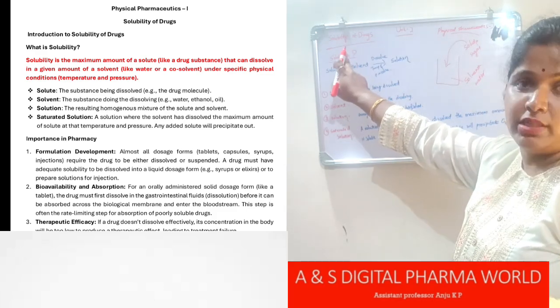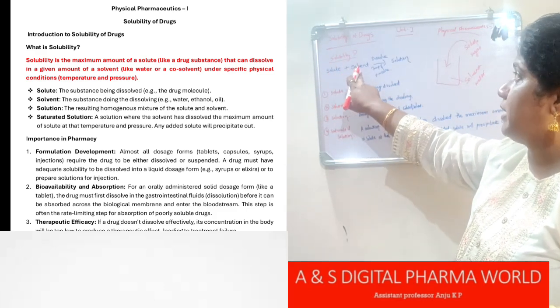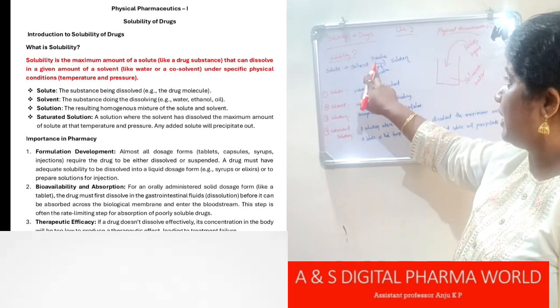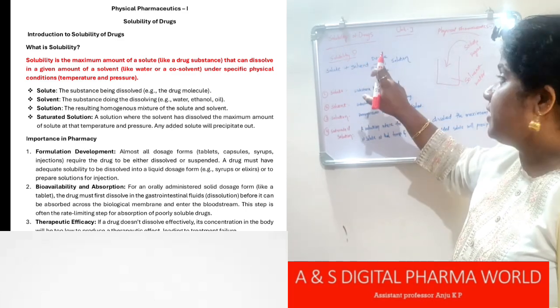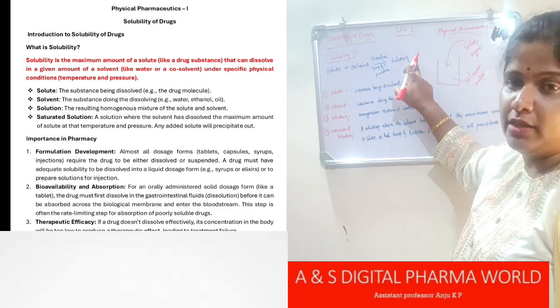That is what solubility is: solute plus solvent will dissolve under the specified temperature and pressure to give the solution.